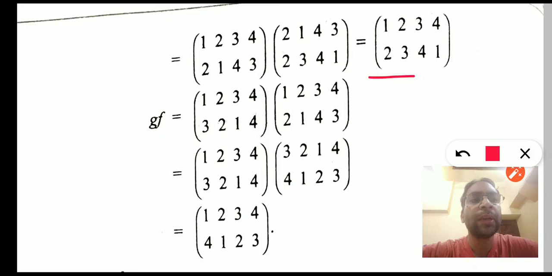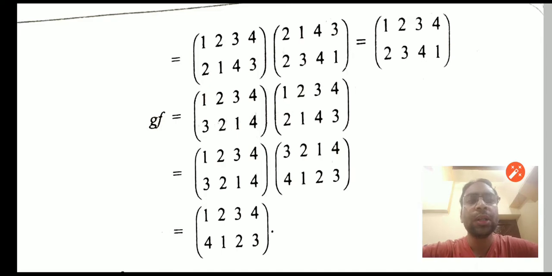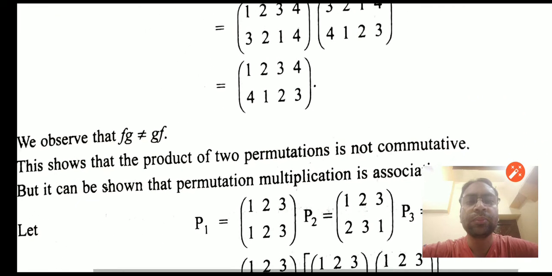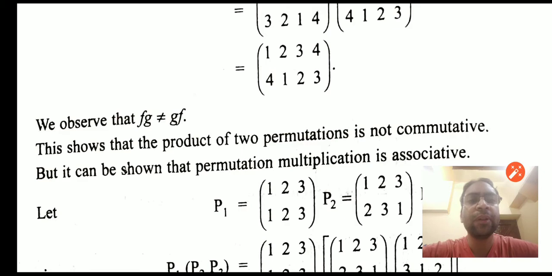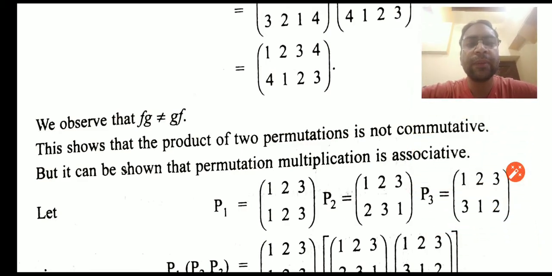Here 1 is mapped with 2, here 1 is mapped with 4; 2 is with 3, here 2 is mapped with 1; 3 is mapped with 4, here 3 is mapped with 2; 4 is mapped with 1, and here 4 is mapped with 3. So the composition is very much different, hence we say that these two compositions are not equal, and hence it is not commutative. So we conclude that f o g is not equal to g o f.